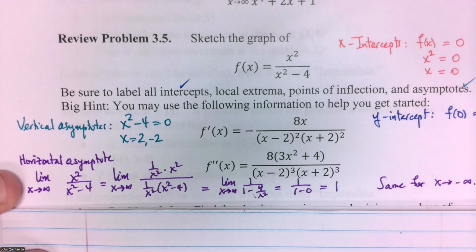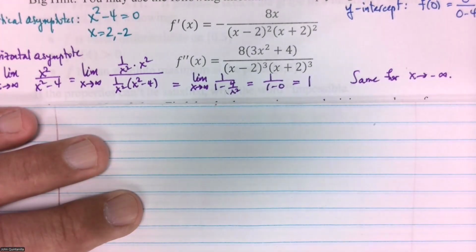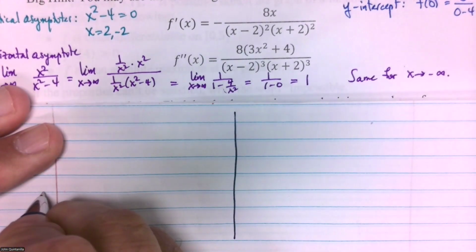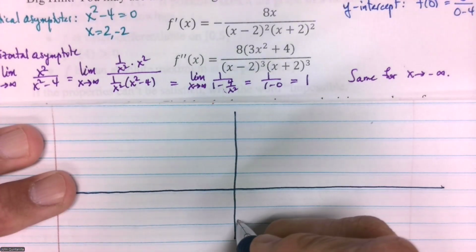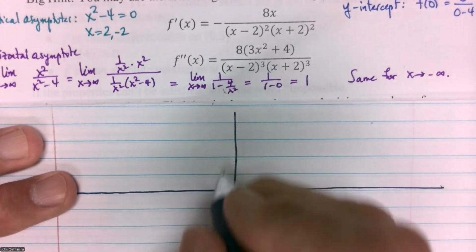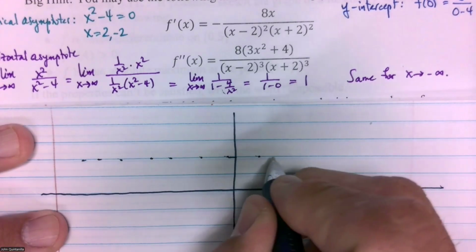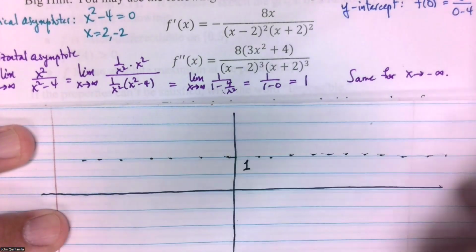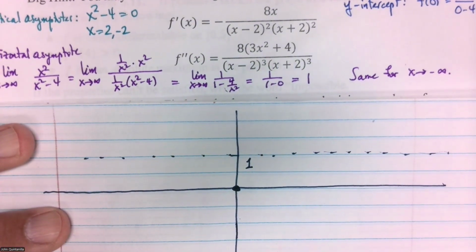Okay, so on the screen here, let me just start putting in the information that we have, and we'll add to this picture as we go along. First off, I have a horizontal asymptote at 1. I have an x-intercept and a y-intercept at 0.